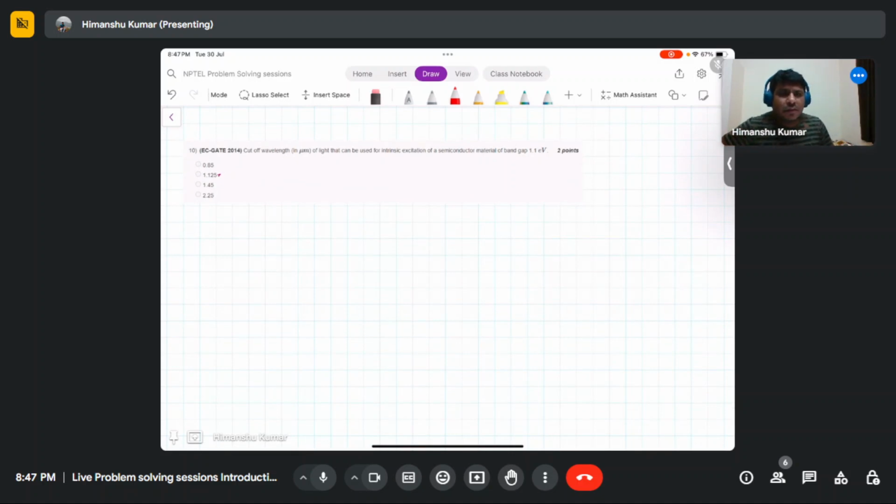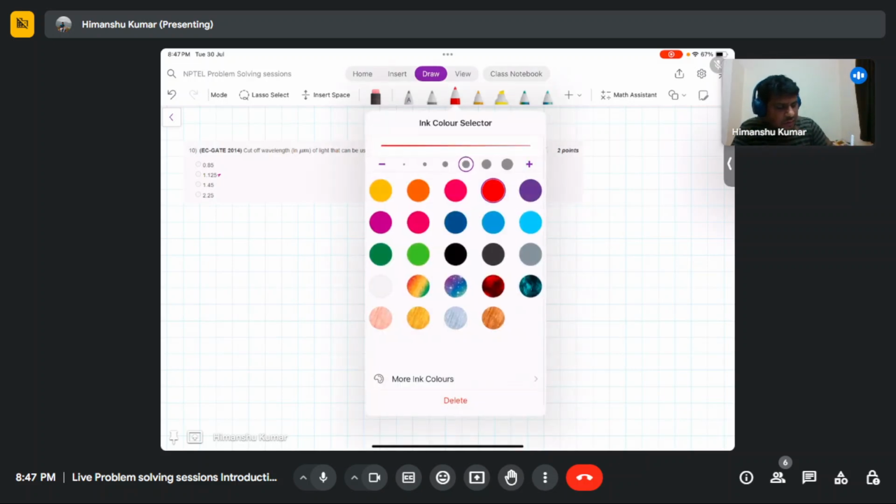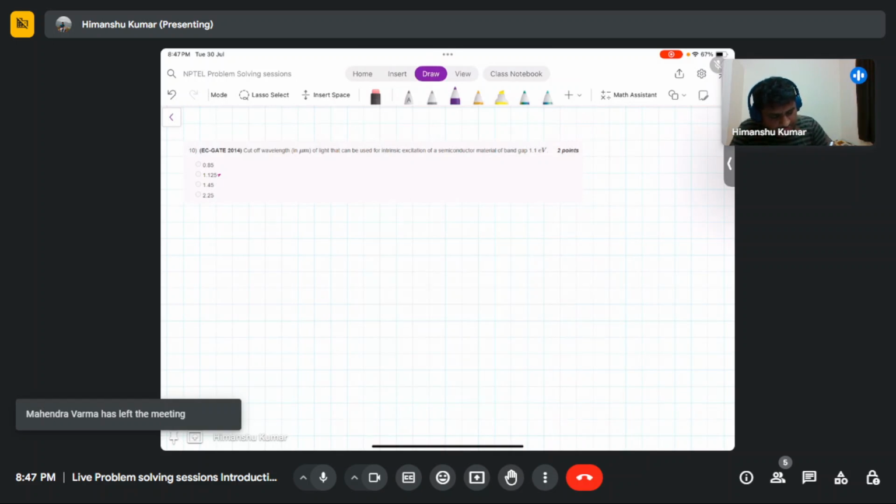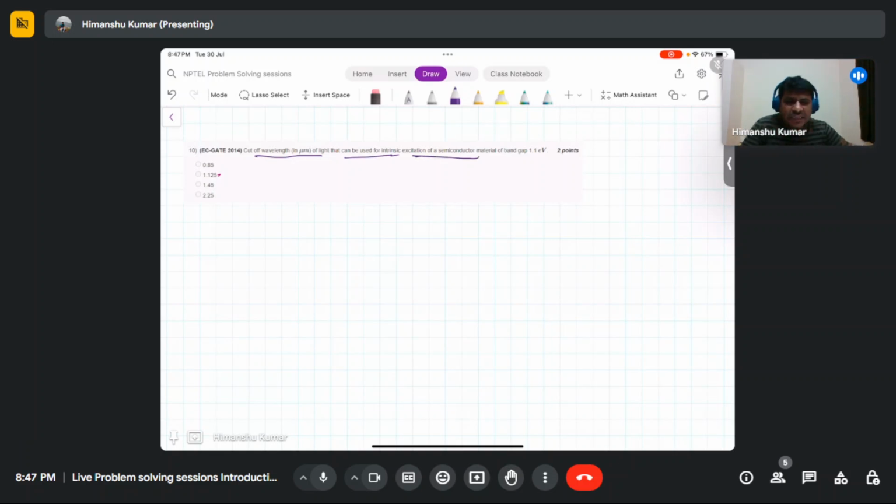Okay, let's move to the next problem if there is no confusion. The cutoff wavelength of light can be used for intrinsic excitation of a semiconductor material. Basically, if you shine a light, the electrons in the valence band get excited to higher energy levels, and a hole is created there, leading to absorption.